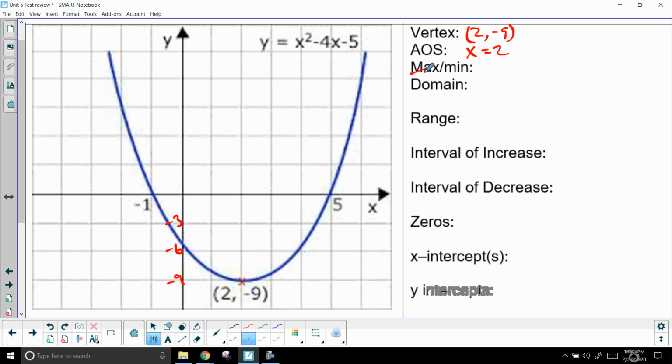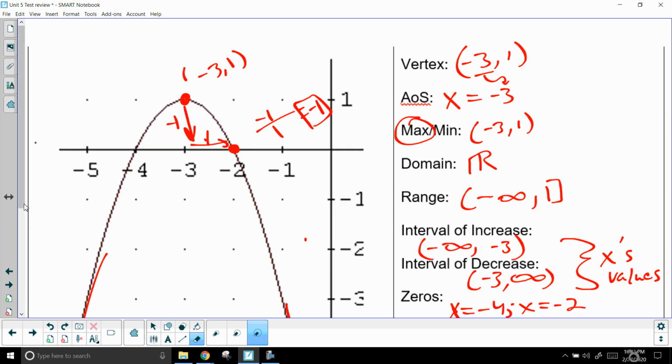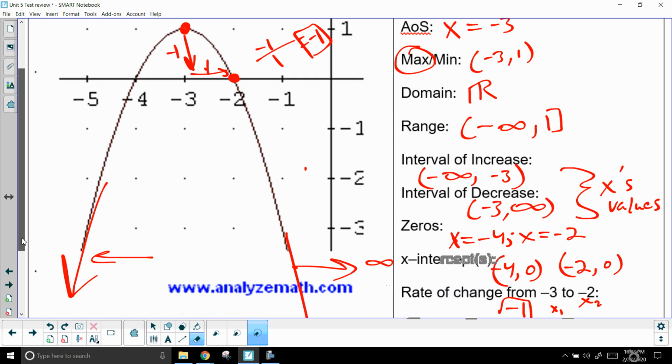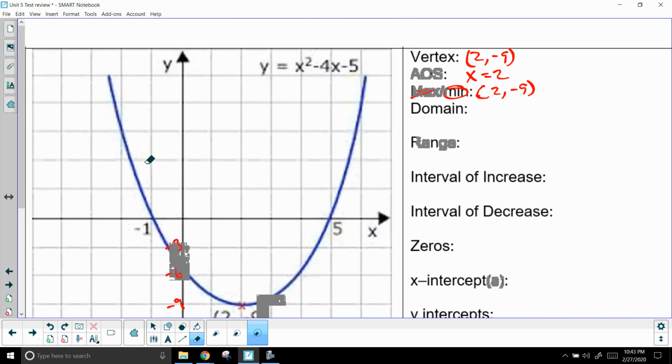Domain, all real numbers for... I can't say that about this one. Did I make this mistake on this one? No, this one we're going to argue goes on forever. This one, no, notice. Oh man, I was really jumping the gun for this one. Look, there is a gap. See that gap?